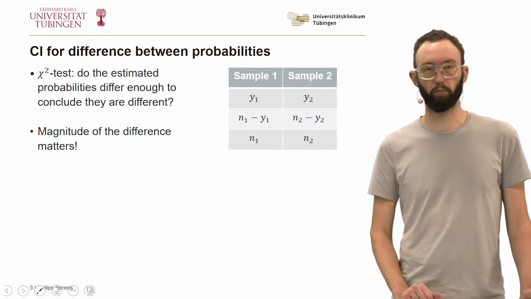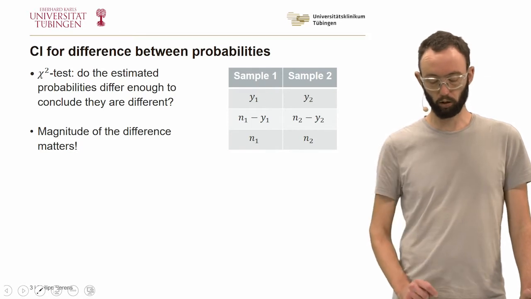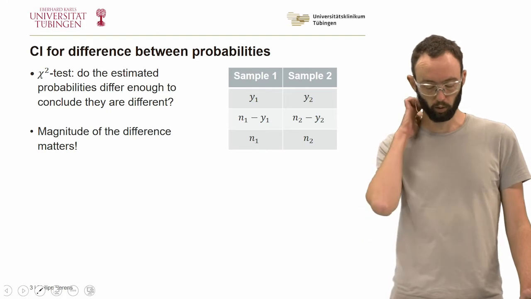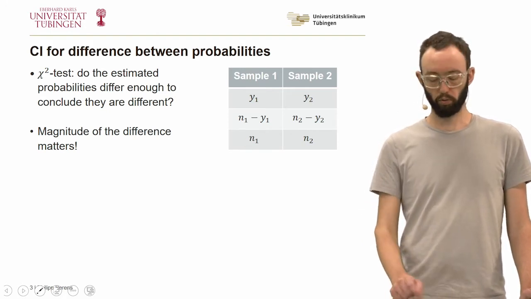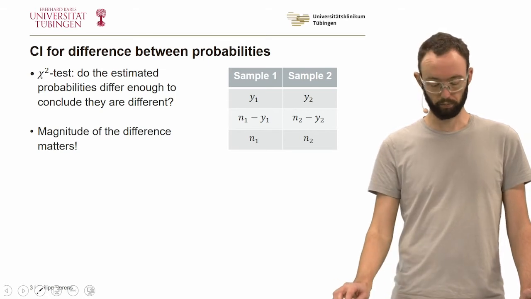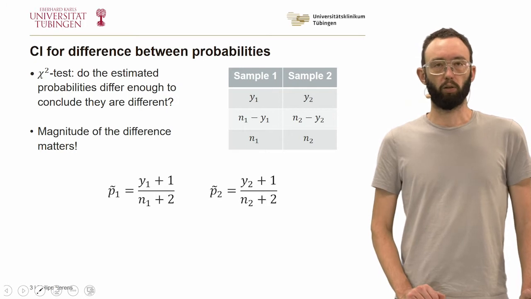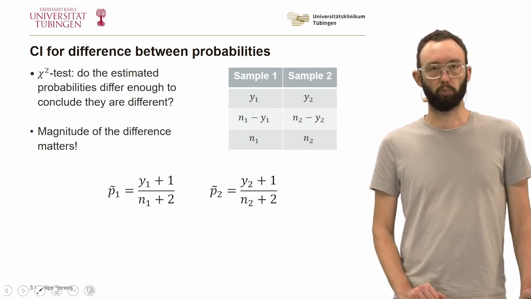So we have sample 1, sample 2. We have y1 positive outcomes, n1 minus y1 negative outcomes, and n1 samples in total, and the same for sample 2. So we can again use our regularized or biased estimates of P1 and P2.